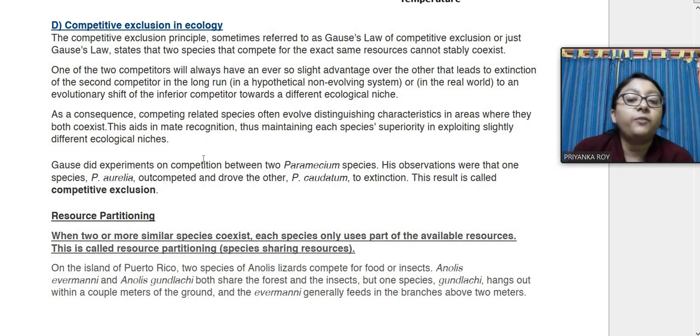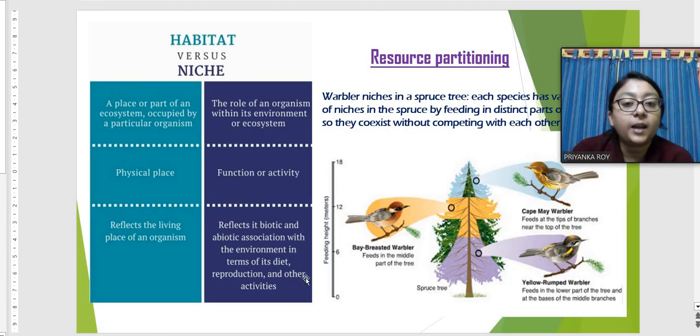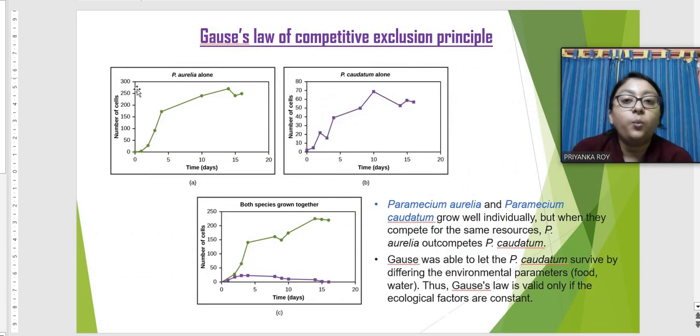So this is a very famous experiment done by Gause, and he did an experiment with paramecium using two species of paramecium, one is P. aurelia and one is P. caudatum. In these graphs, you can see that when it is P. aurelia alone, given the same food, same environment, same water, same air, every condition the same, it is growing rapidly.